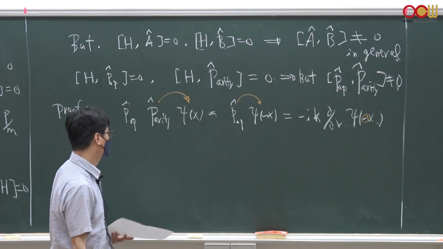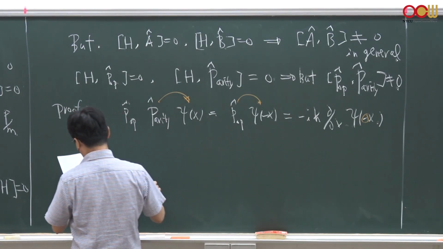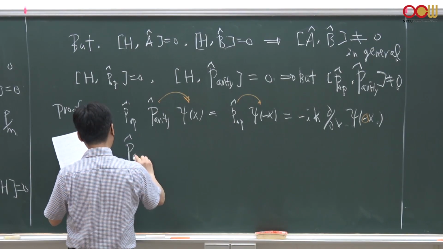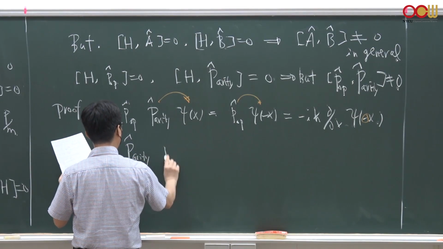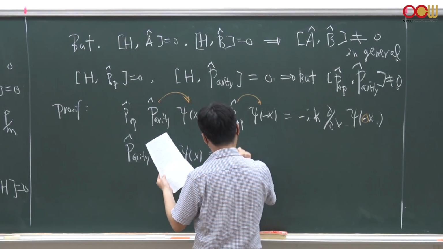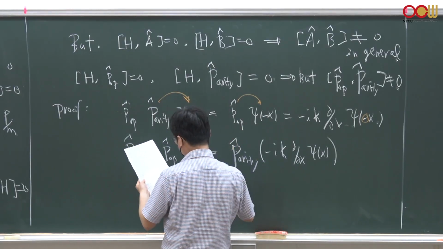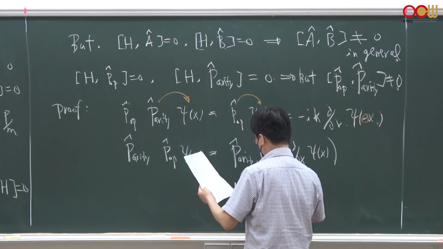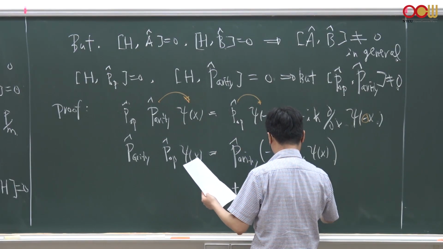Okay, so that's just the first operation. The second is the opposite way around, where you apply the momentum operator first and then later parity, which gives you plus i h bar d by dx psi of minus x.